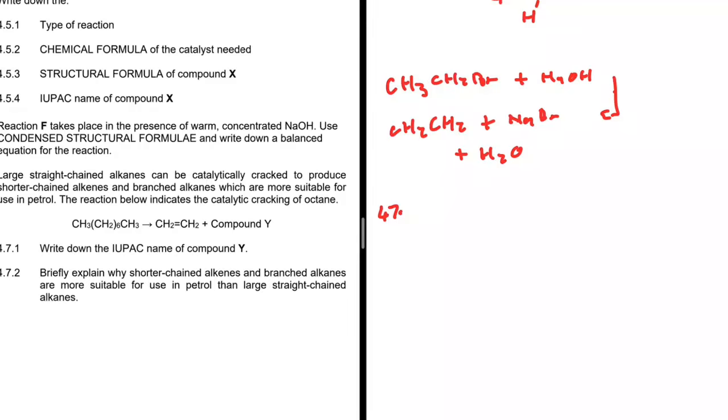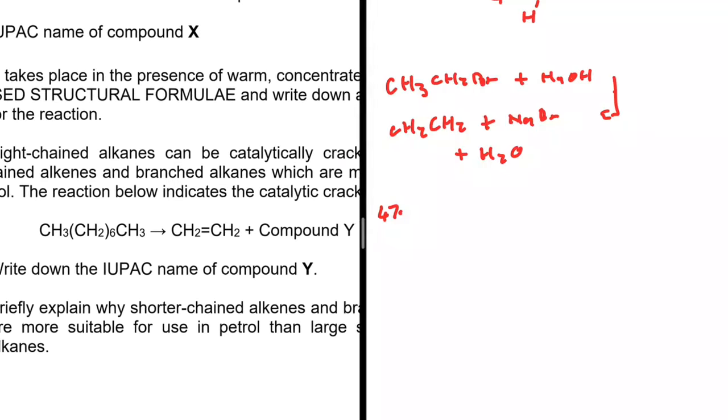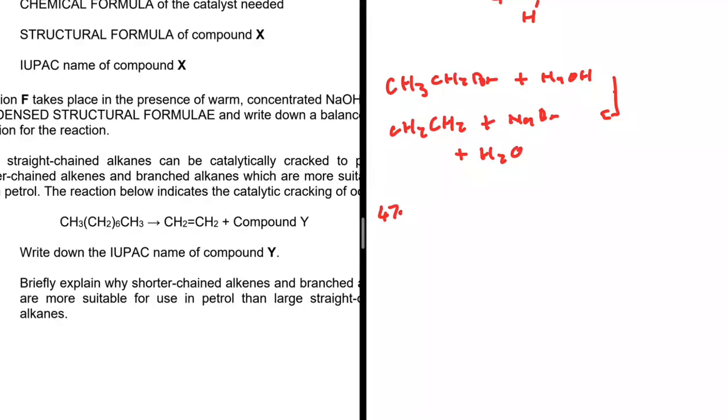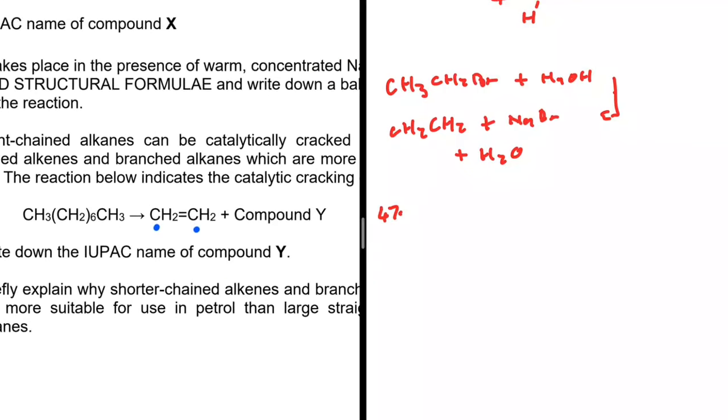The reaction below indicates the catalytic cracking of octane. Octane has 8 carbons, and on the alkene we have 2 carbons. It means that compound Y, which should be an alkene, should have 6 carbons.